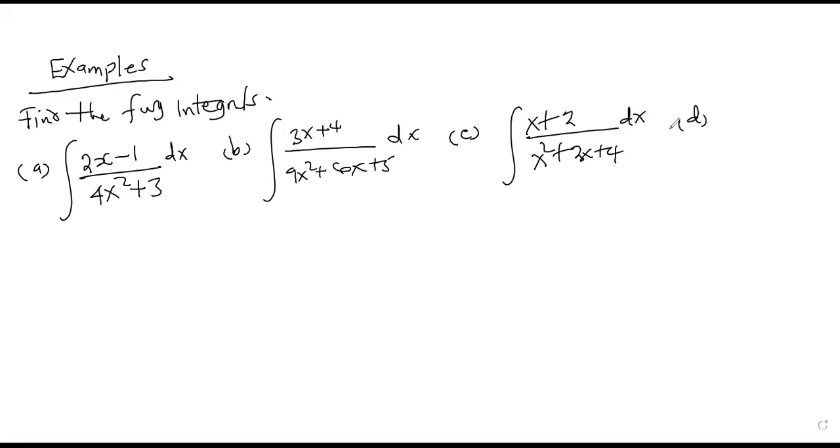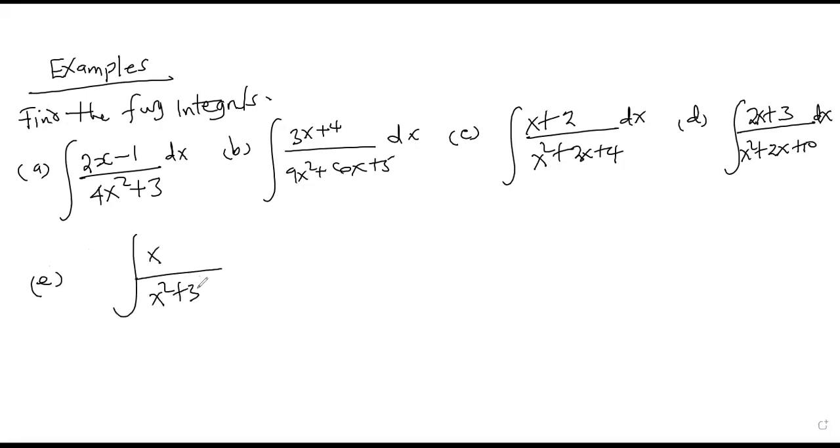D: you have an integral of 2x plus 3 over x squared plus 2x plus 10 dx. Then E: x over x squared plus 3x plus 5 dx.